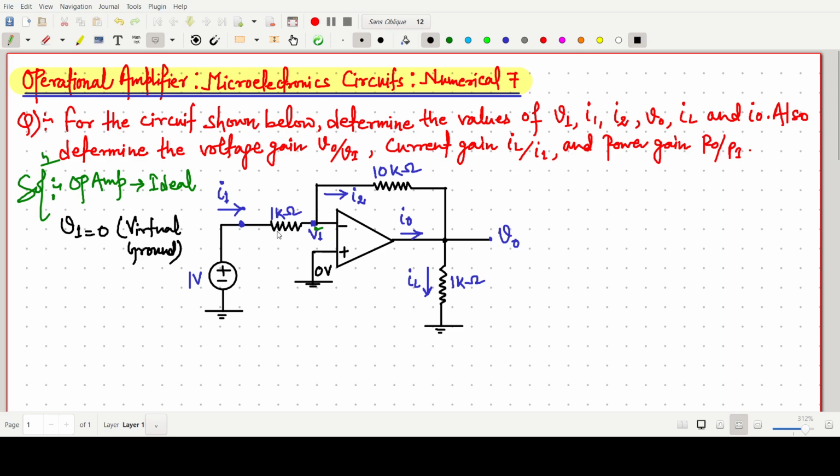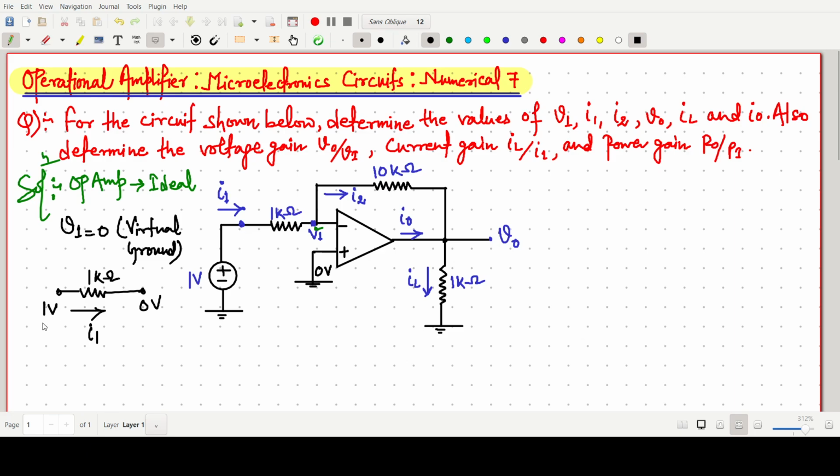Now we have to find the current I1. This one is the resistance of 1 kilo ohm, and this one is 0 volt. We can say V1 is now 0 volt and this potential will be 1 volt.